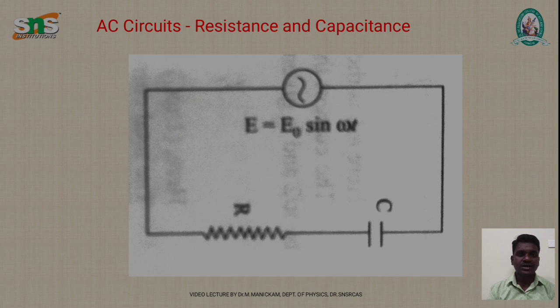So let's get started. This is the circuit diagram for an AC circuit with resistance and capacitance connected in series. E is equal to E naught sin omega t is the AC source, and the resistance and capacitance are connected in series.